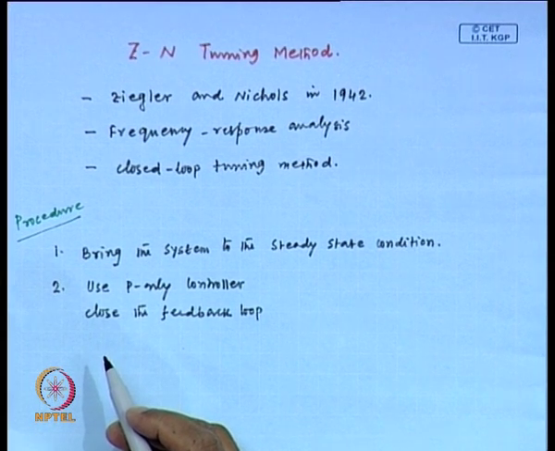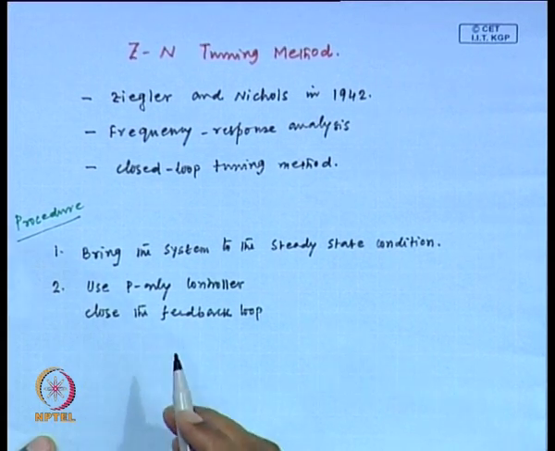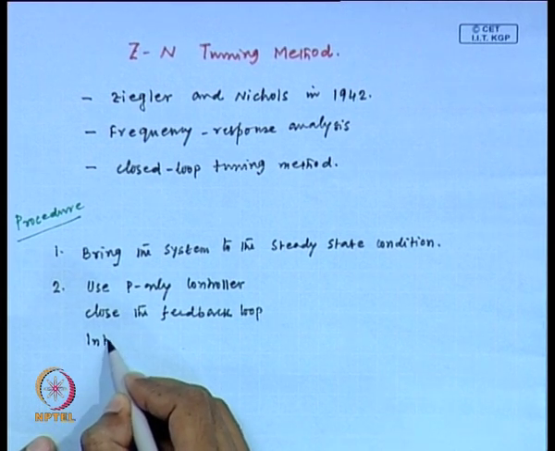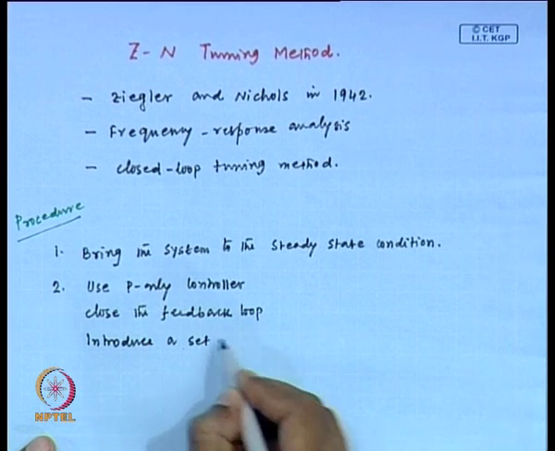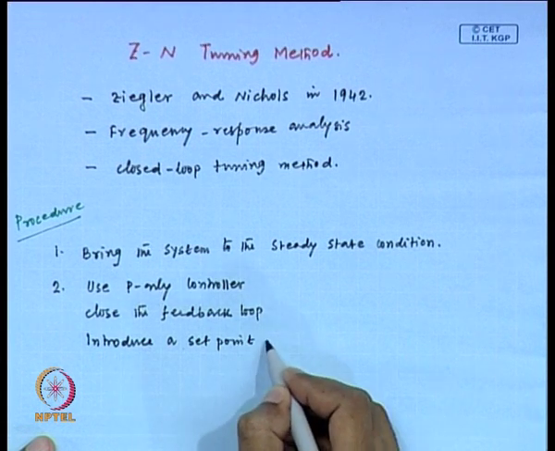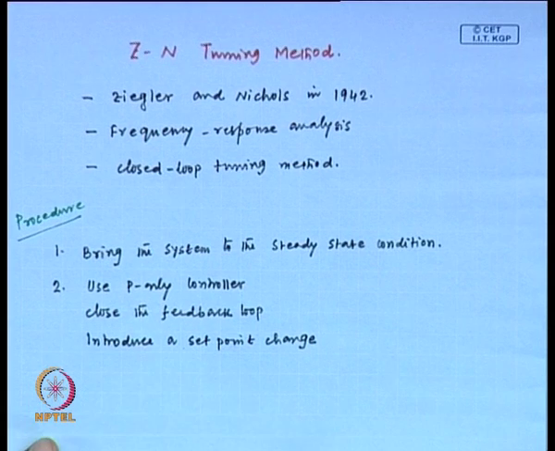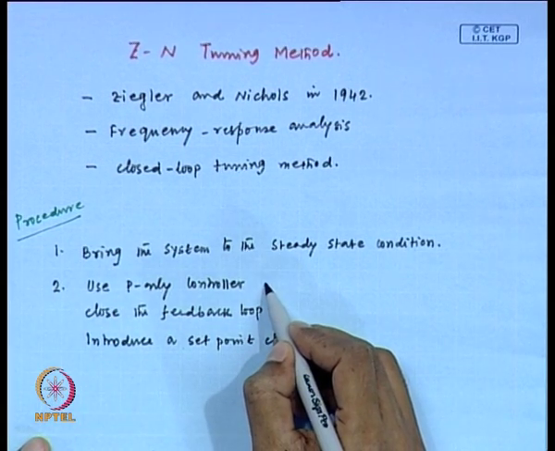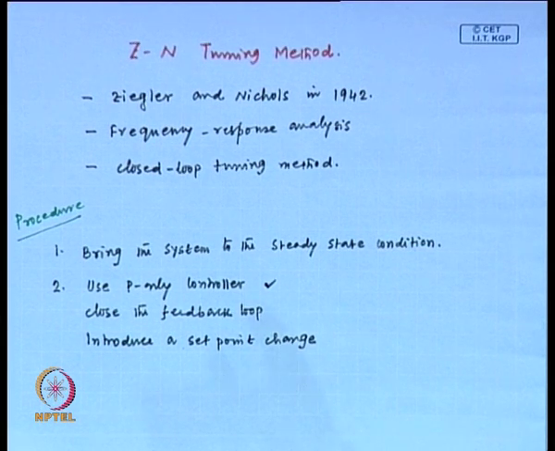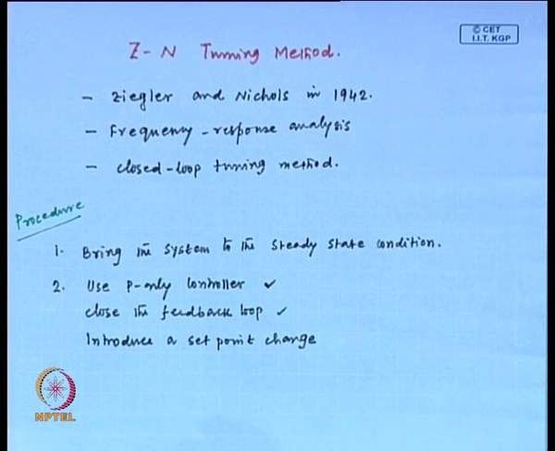Then introduce a set point change. So, first we need to employ the P only controller, not PI or PID. At the same time, you close the feedback loop. Then introduce a set point change.